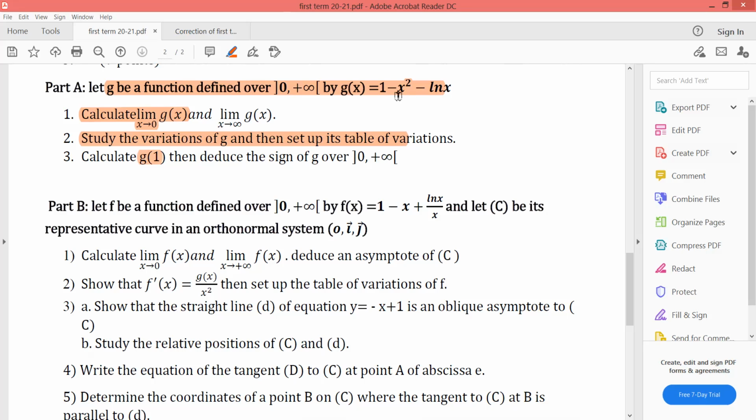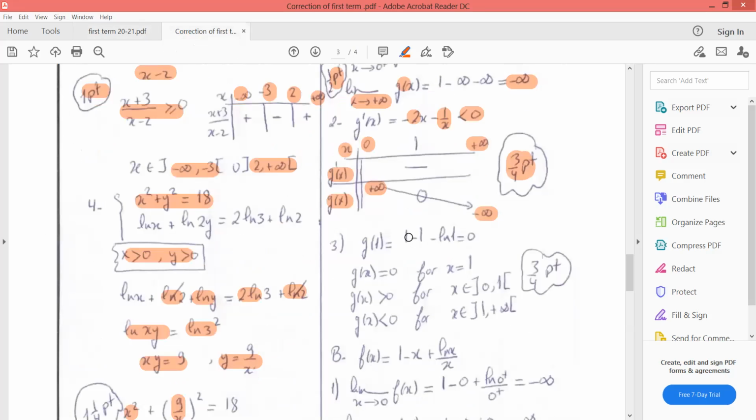Ln 1 is 0, and 1 minus 1 is 0. So g of 1 equals 0. To deduce the sign of g, here I put 1 on the table.